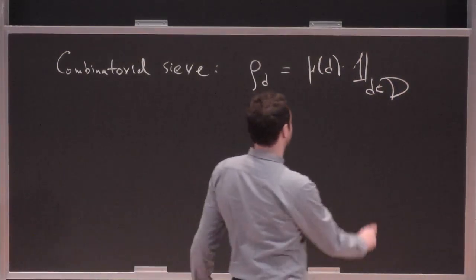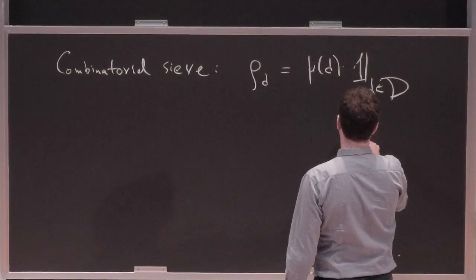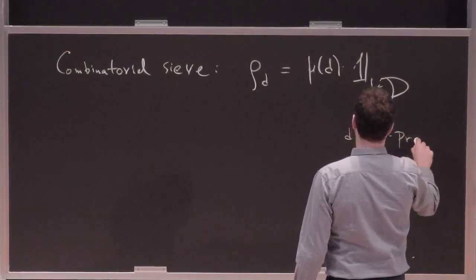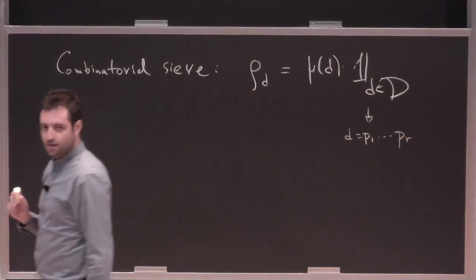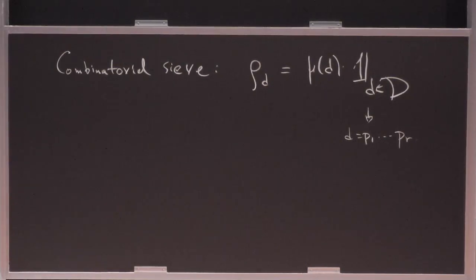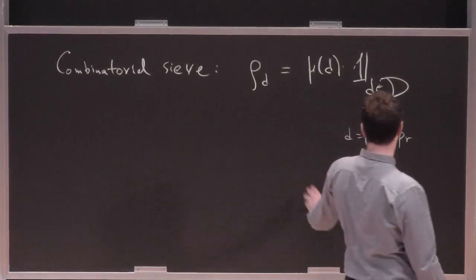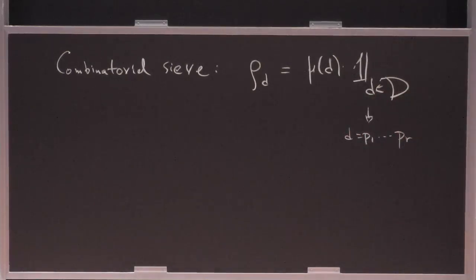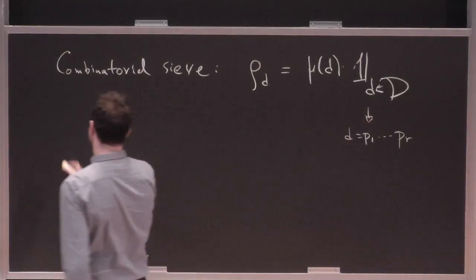And by this I mean that you look at the factorization of d, and then you only keep those integers whose prime factorization satisfies certain nice properties. Anyway, I don't want to get into this because that's not the point of my talk, because what I want to talk about is the Selberg sieve.